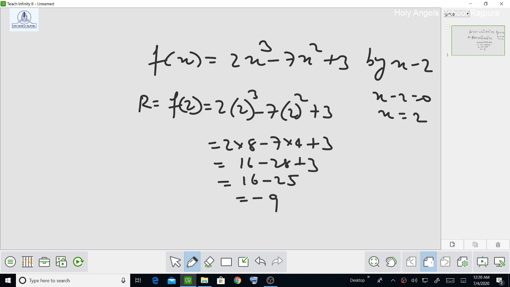If you do the actual division, 2x cube minus 7x square plus 3 by x minus 2, there also you are getting the same remainder, minus 9.